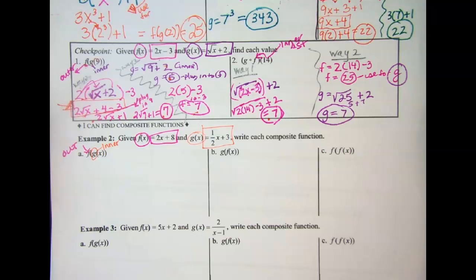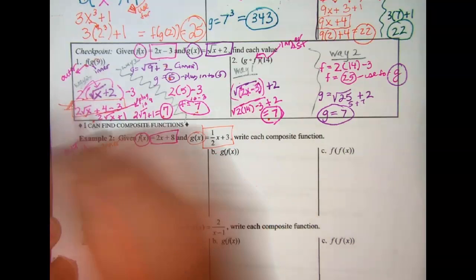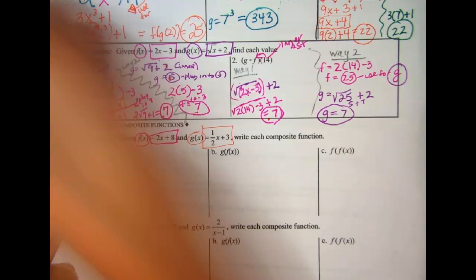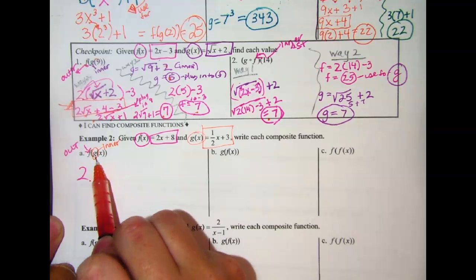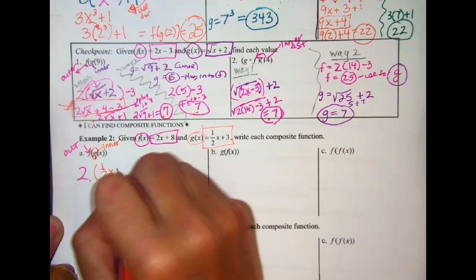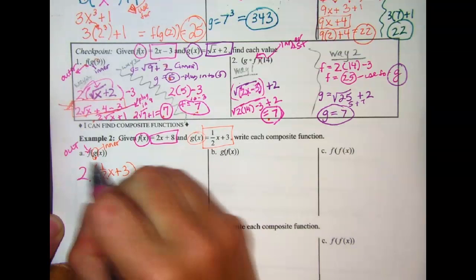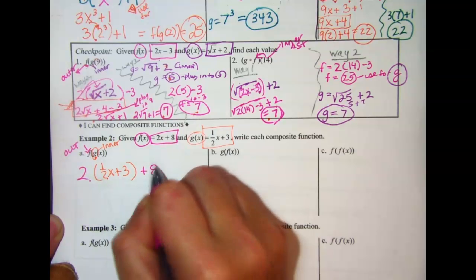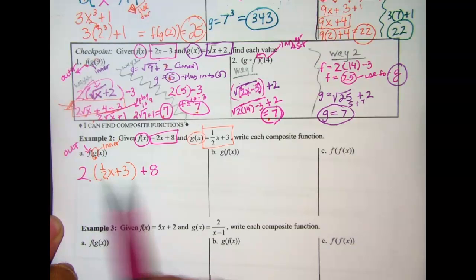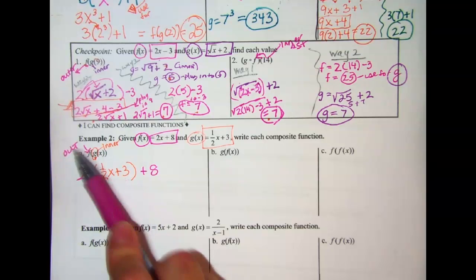So I take my f, so 2, and then my x is whatever g is, 1/2 x plus 3. It's all of those things. That's my inner. And then I finish f, which is plus 8. So I took my outer one and plugged g in on the inside. Again, we work from the inside to the outside, or left to right.